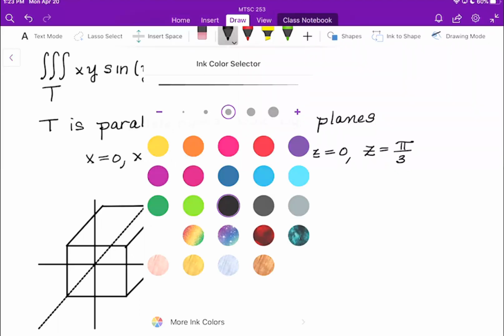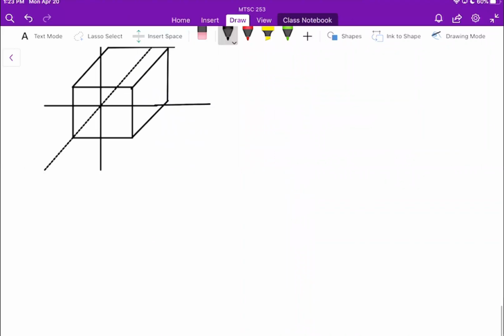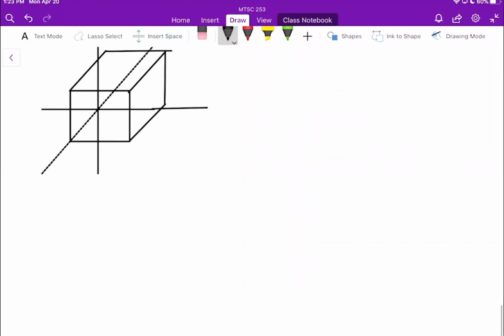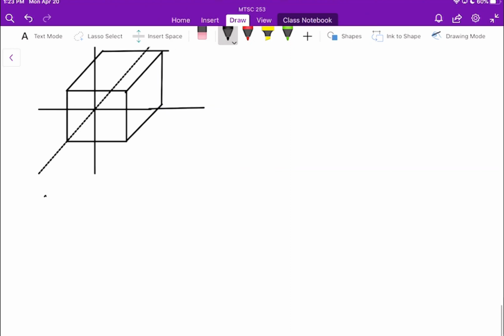So we want to compute that integral. This one is an easy one because all of the limits are constants.